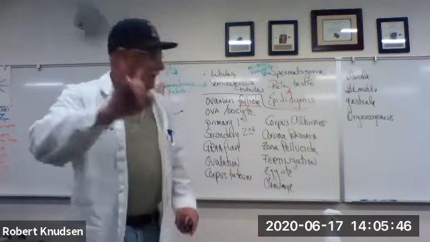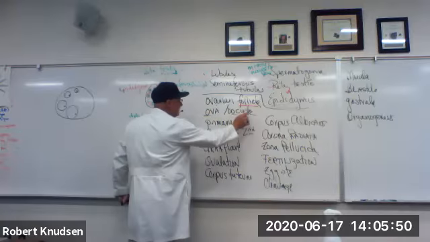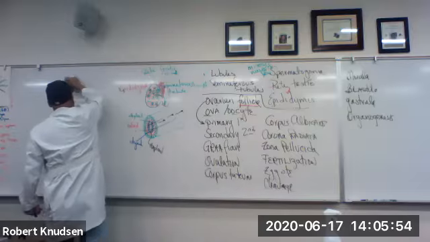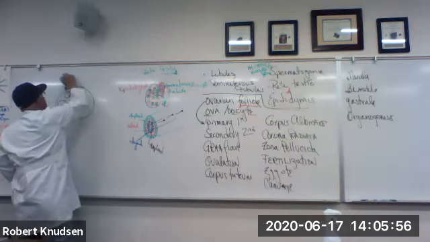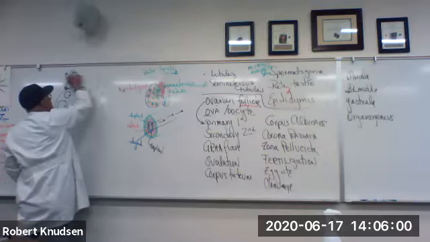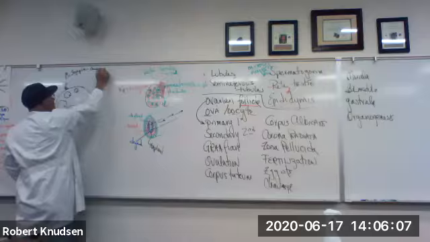Okay? And what happens is you go from an ovarian follicle with an oocyte in it, and then primary, this one is primary, okay? Synapsis, in the primary synapsis, chiasma, okay?